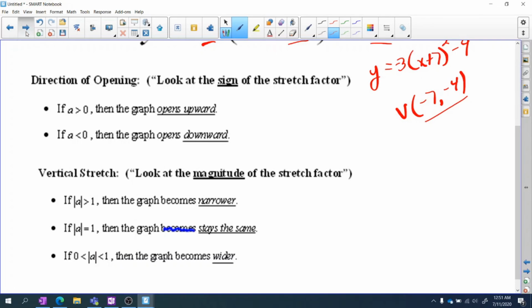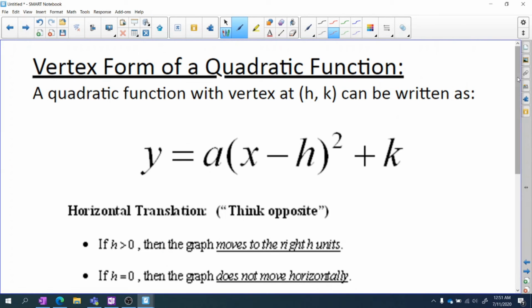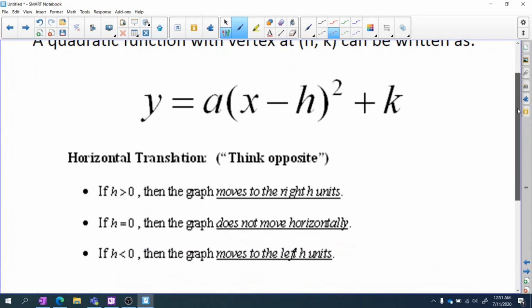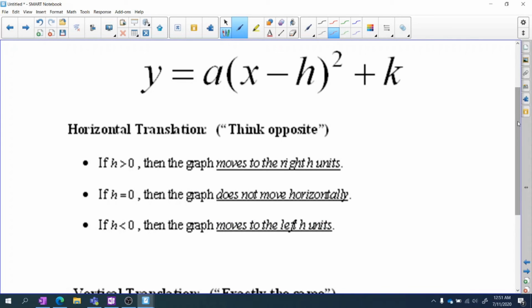If I have the H, now we're going to look at, if H is greater than 0, then this graph is going to move to the right. Now, that means, remember, I'm just looking at the H only, this number.